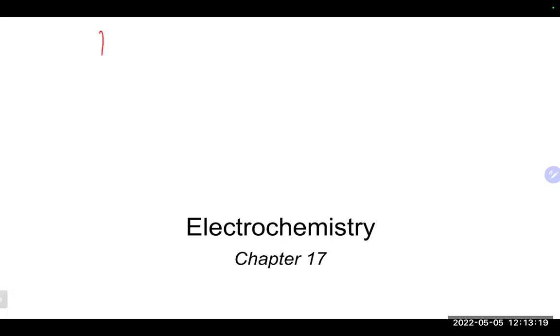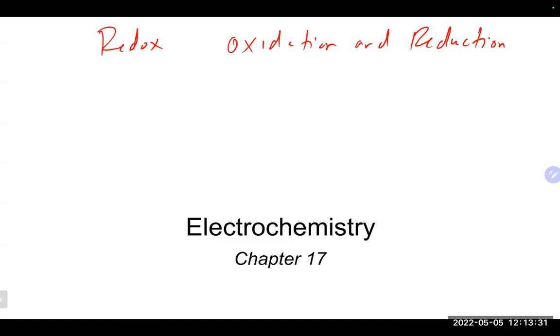First off, redox means oxidation and reduction reactions. And there really are several definitions for each of these. Oxidation typically means the loss of electrons. It can also mean the gaining of oxygen or the loss of hydrogen as you go from reactants to products.